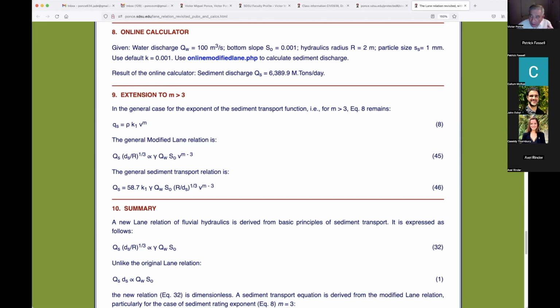You have to describe those equations in terms of intercept and exponent. So high intercept and low exponent will give you a large sediment transport, while the other case, low intercept and high exponent, will give you the opposite. That will be small sediment transport, or not too large sediment transport.